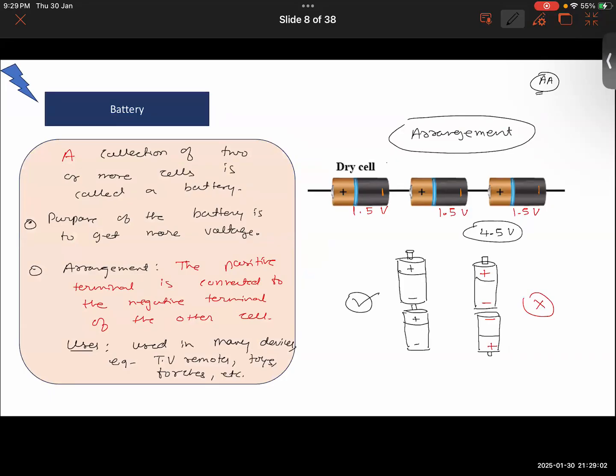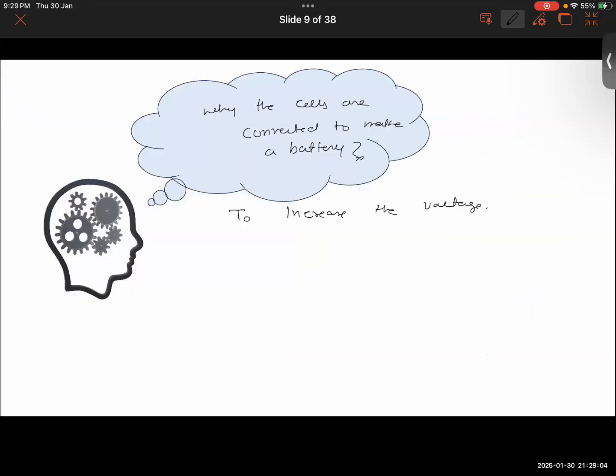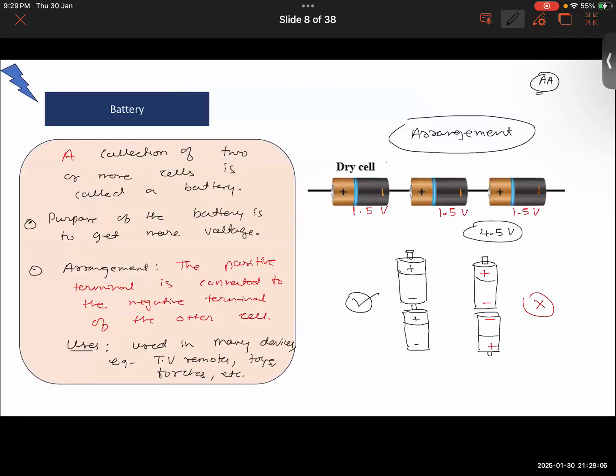Hope you guys are getting it. An important thing, how do we convert the cell into a battery? While doing so, we must ensure that the opposite terminals are connected to one another. So this one is not appropriate because the negative terminals are touching one another. Will the electricity flow in this case? No, sir.